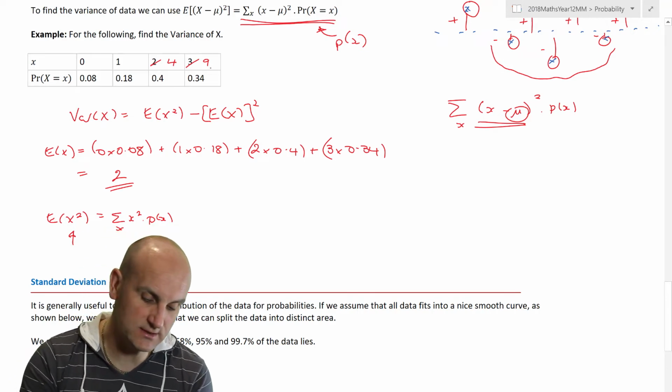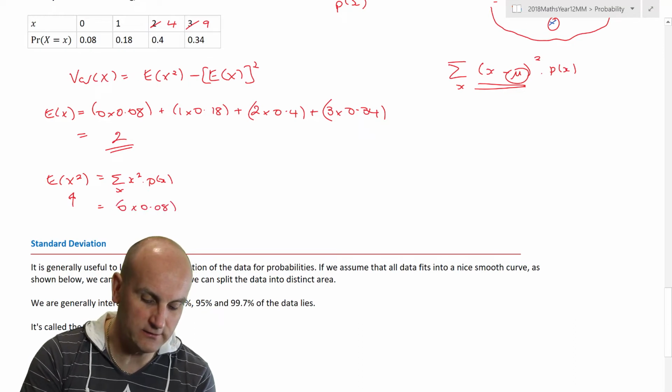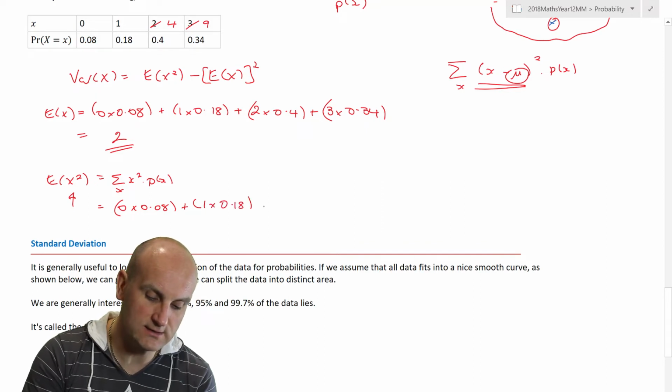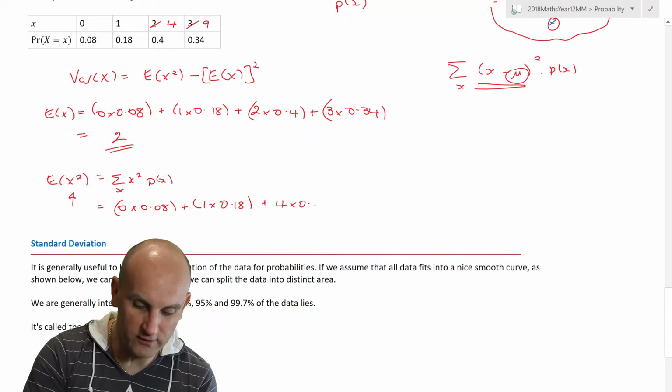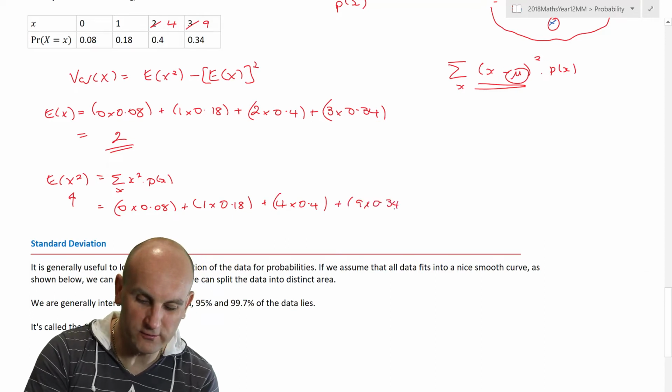So, doing the same style of calculation, we get, once again, 0 times 0.08, 1 times 0.18, this time 4 times 0.4 and 9 times 0.34.